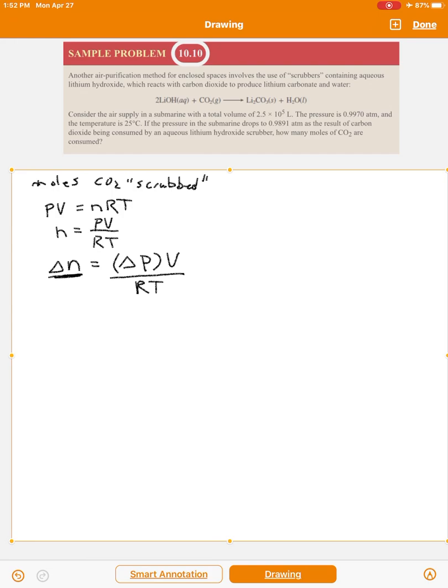Okay, so the change in the moles is equal to the change in the pressure times V over RT. The volume's not changing, the temperature's not changing, R is certainly not changing. The pressure is changing, and so the number of moles is changing.